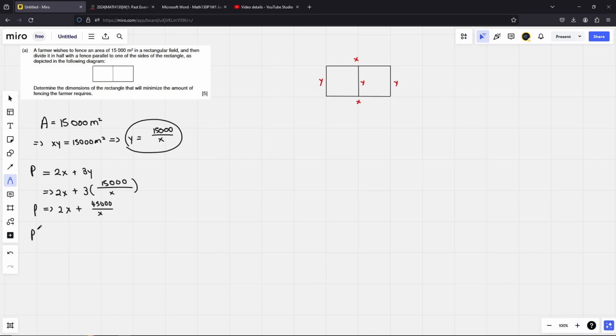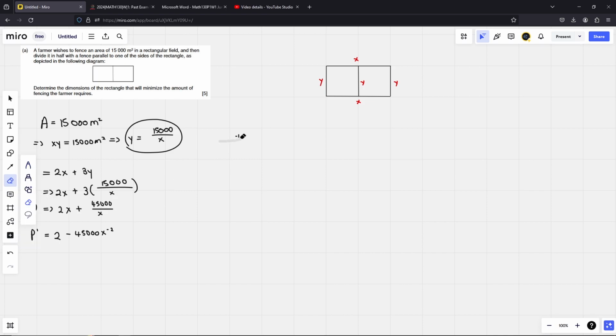So if I say p prime, well, the derivative of 2x with respect to x is 2. Now before I take the derivative of 45,000 over x, this is the same thing as 45,000 x to the minus 1 by exponent laws. So if I take the derivative of that, that's going to be minus 45,000 x to the minus 2.